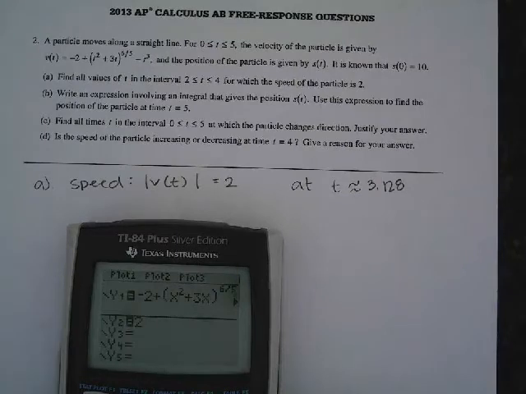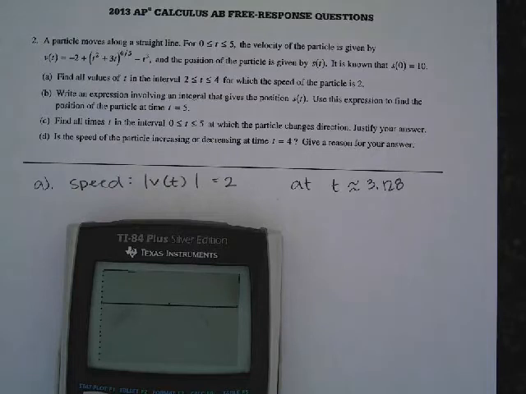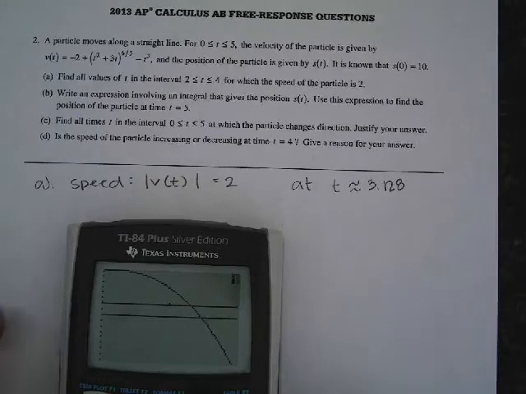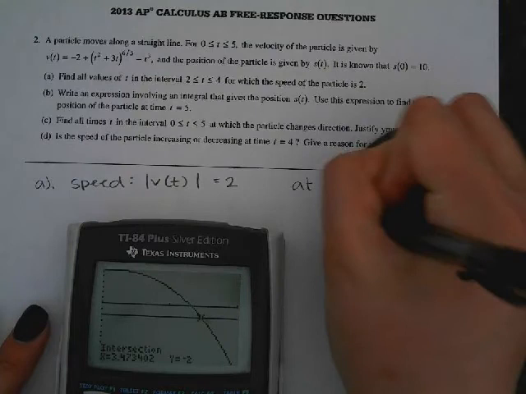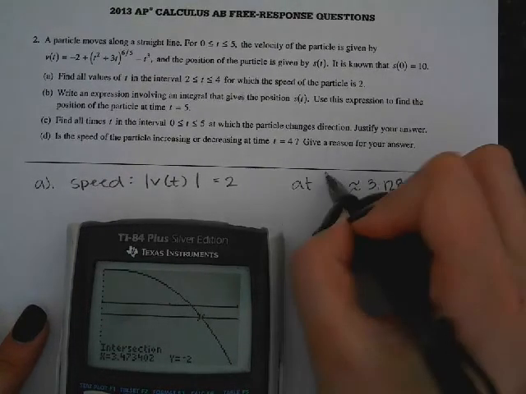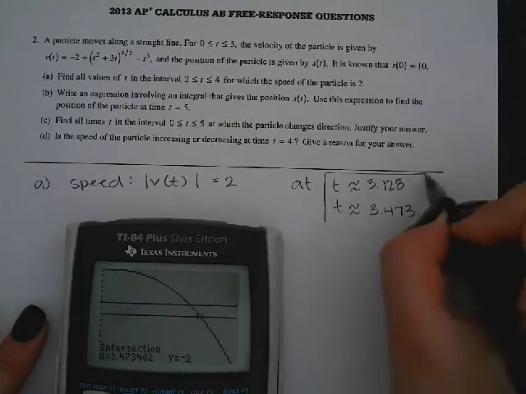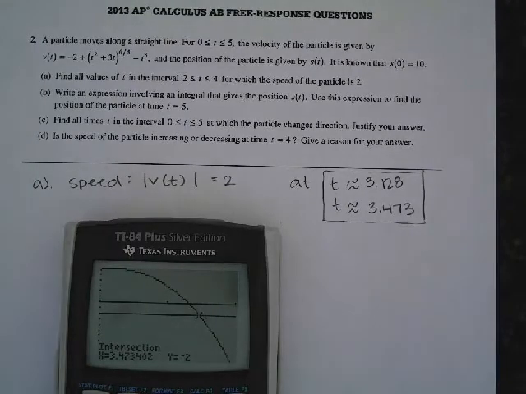And then I'll do it again with -2. Okay, so there are 2 values when the speed is 2. Looks like one's in the positive direction and one's in the negative direction.